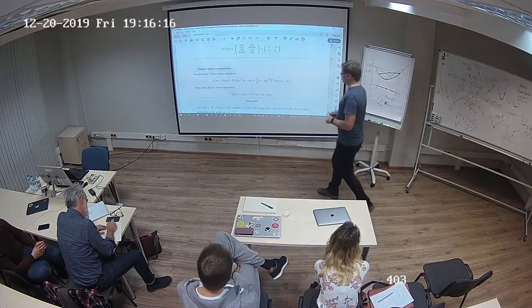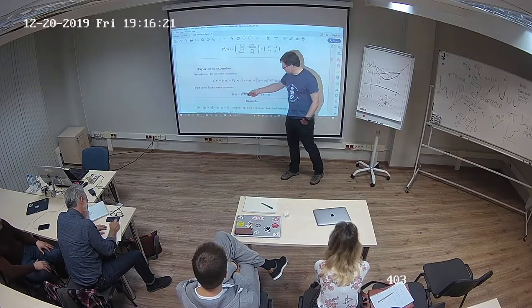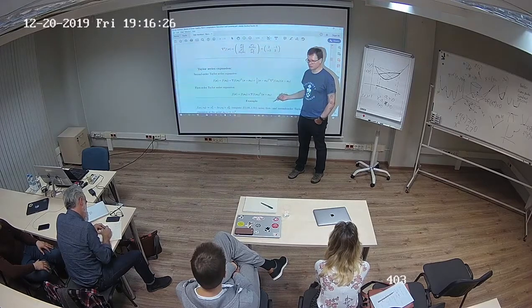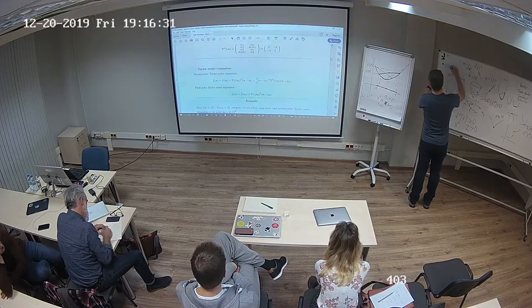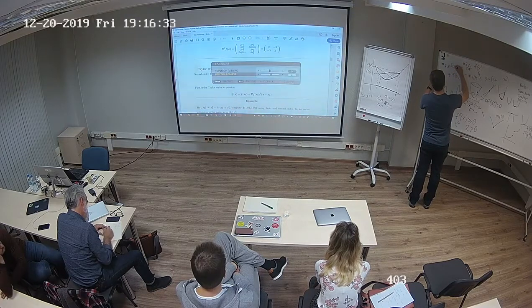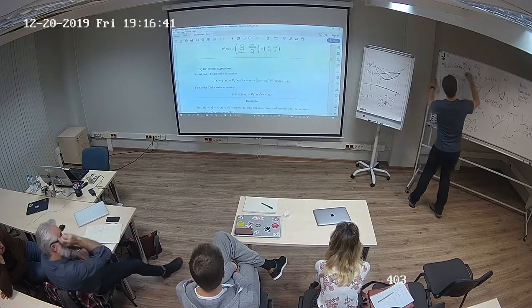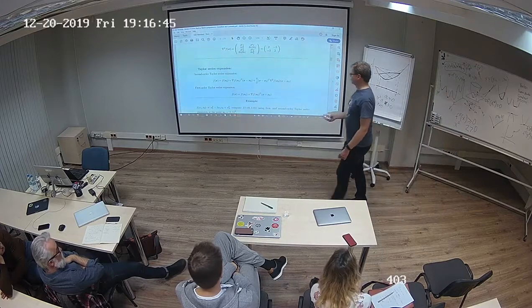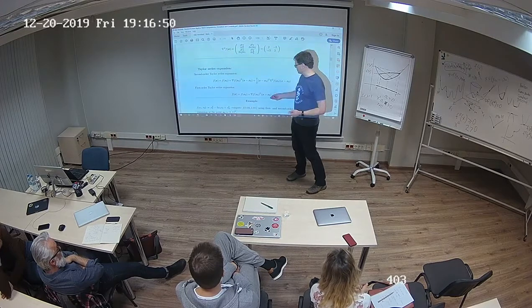For a function of one variable, it's written in this form: the function value at the point x0 plus the first derivative multiplied by x minus x0. Remember, we had this equation, f of x equals f of x0 plus the first derivative at x0 multiplied by x minus x0, for the function of one variable. So this linear approximation of the function f of x is called the first order Taylor series expansion. We have written that equation, we just didn't call it that way.